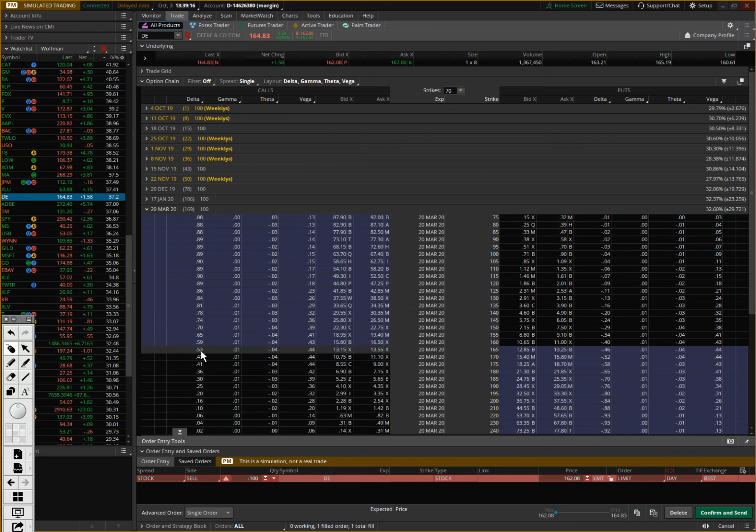So this is 53 cents. So this means if XYZ goes up by $1, or DE goes up from 164.83 to 165.83, this premium will increase by 53 cents. All right. Well, what am I doing? I'm selling this call, which means I'm selling a positive delta.